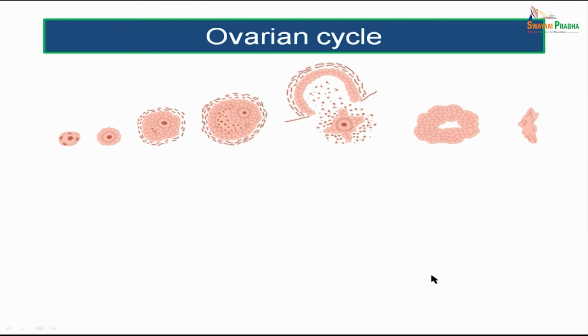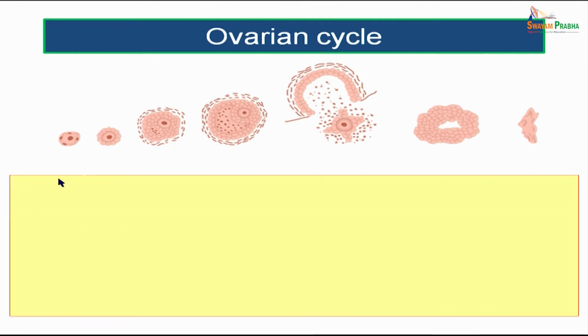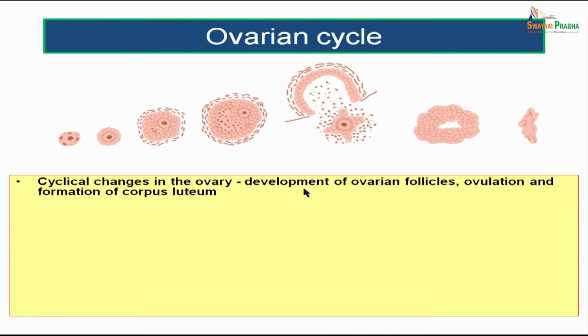All these events happen within the ovary, and the events happening in a sequential manner within the ovary are known as the ovarian cycle. The ovarian cycle can be defined as the cyclical changes happening in the ovary, and this includes the development of ovarian follicles, ovulation and the formation of corpus luteum.